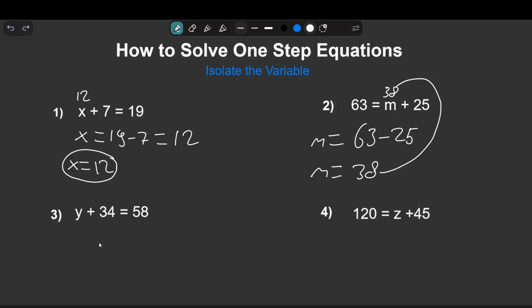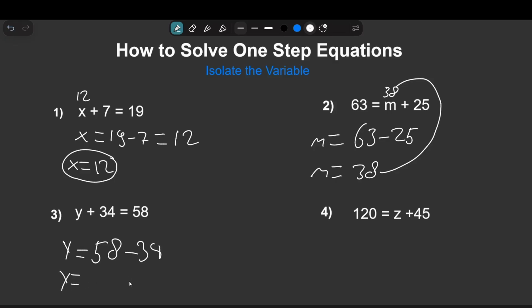Let's go over to the third example, where we have y plus 34 equals 58. Again, you can do it with mental math, but we are going to do it with the method we use. So we are isolating the variable by inversing the operation. We are going to do 58 minus 34.